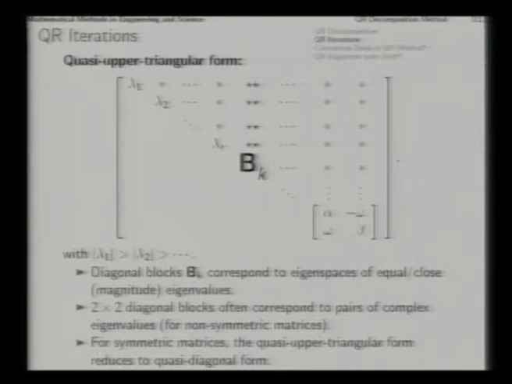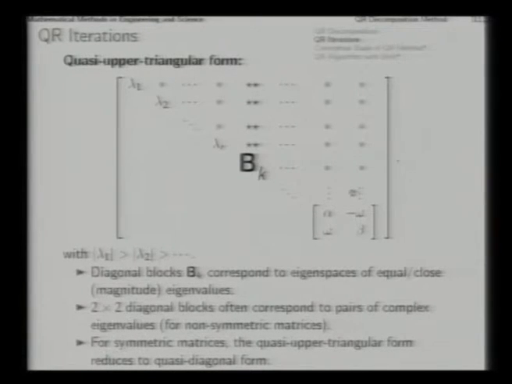Quasi means almost. So in this quasi upper triangular form, it is almost upper triangular, except for some diagonal blocks that might remain, which spoil the diagonal form a little, because some of its elements may be below the diagonal, and sometimes 2 by 2 diagonal blocks may come.